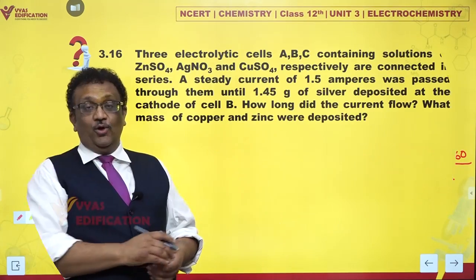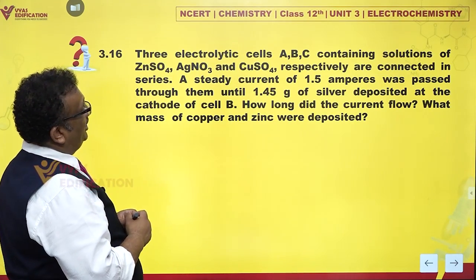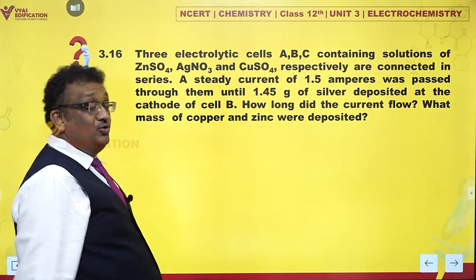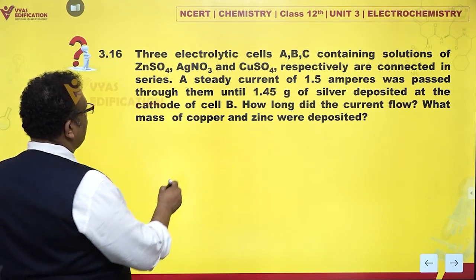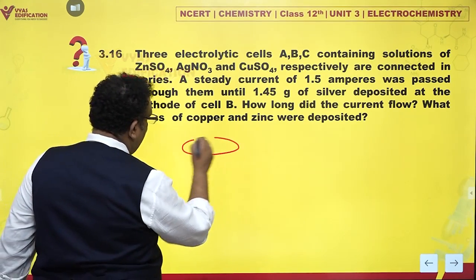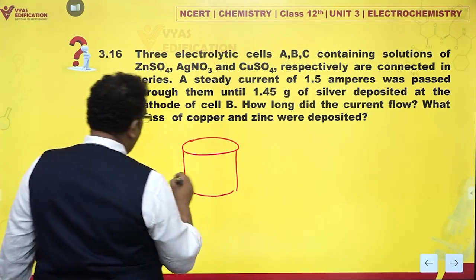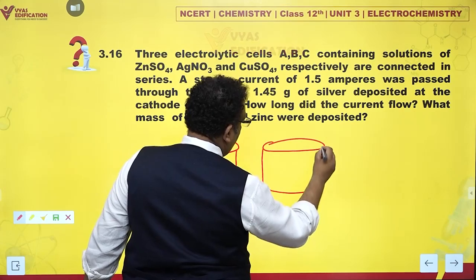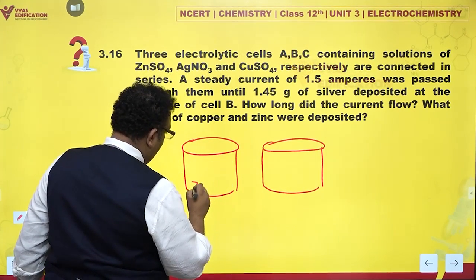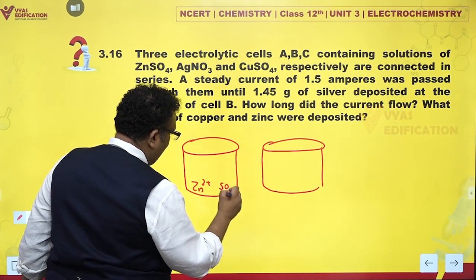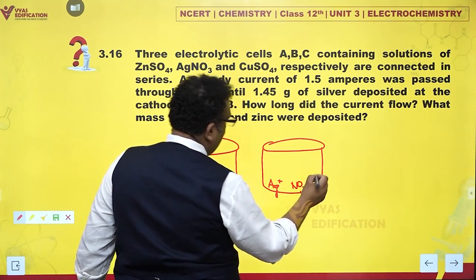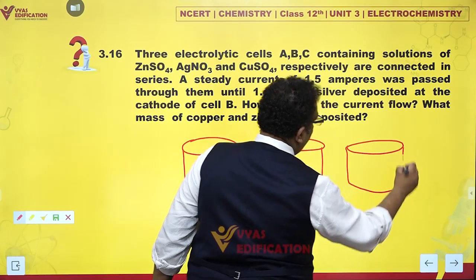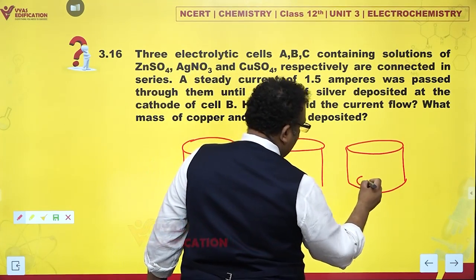The question says, 3 electrolytic cells A, B and C containing solutions of zinc sulfate, silver nitrate and copper sulfate respectively. Oh my God. So I have 3 solutions. I have zinc sulfate, then I have silver nitrate, and I have copper sulfate.